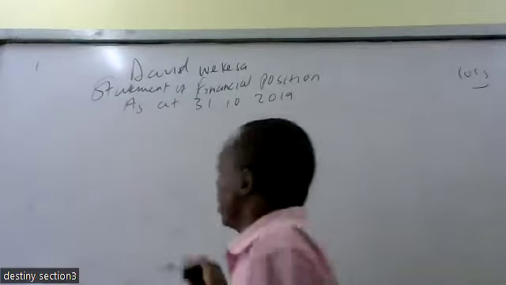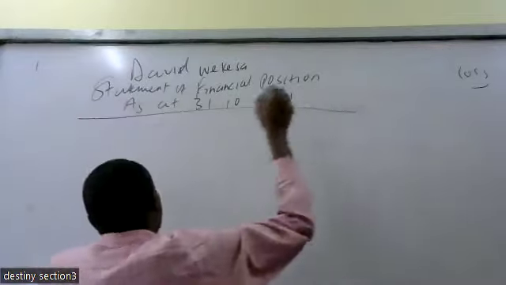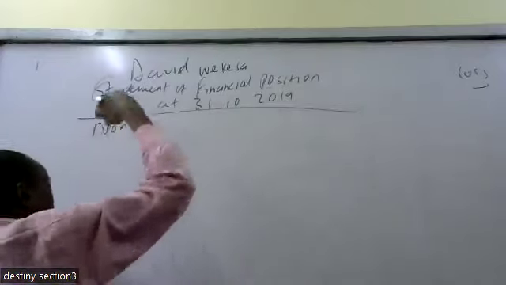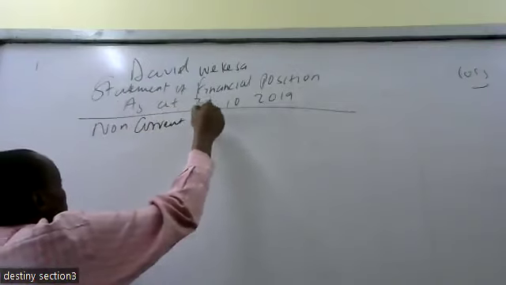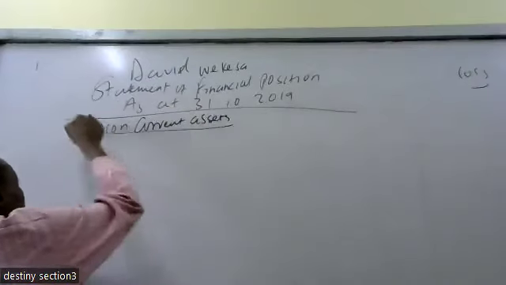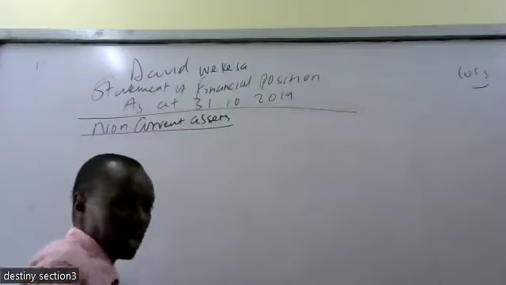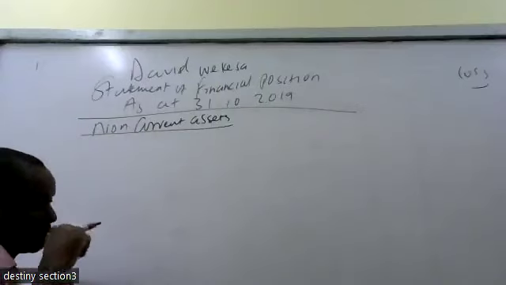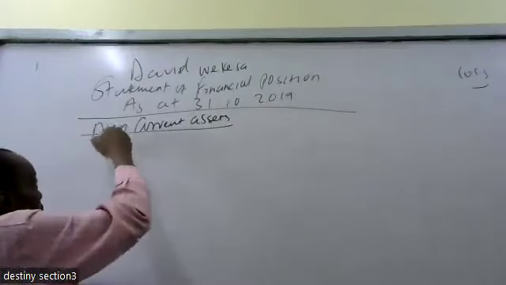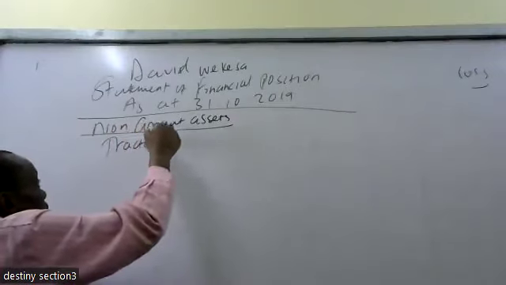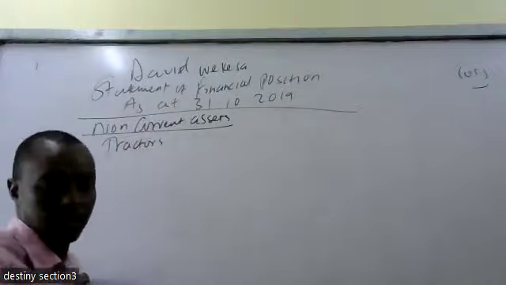So non-current assets. We have tractors, after providing for depreciation.